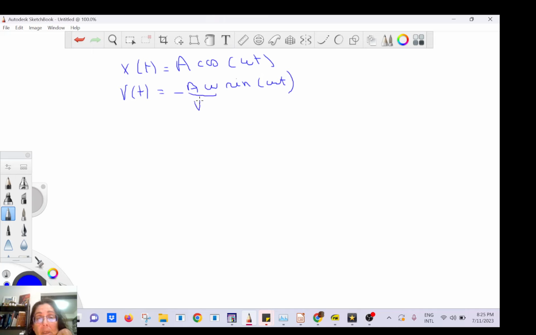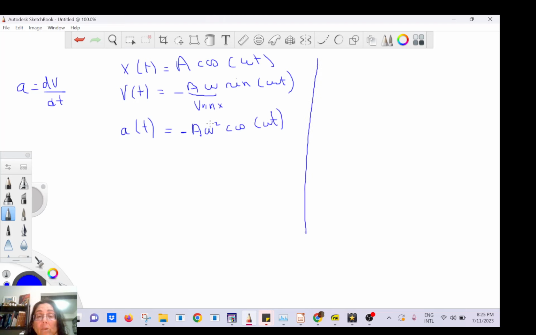And this is your Vmax in magnitude. Now to get the acceleration, I need to derive again. Acceleration is dv over dt, so I have to take the derivative. Derivative of sine is cosine, so it's going to be minus A omega squared, taking this one out, cosine omega t.